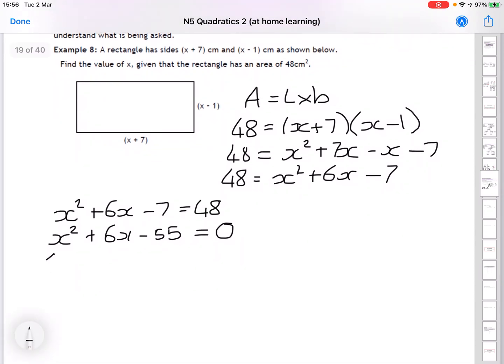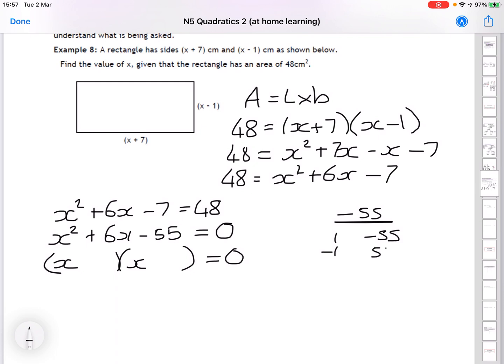So we're looking for our double brackets because it's a trinomial. We're looking for the numbers that multiply to minus 55 but add up to a positive 6. So for minus 55, we could have 1 and minus 55, minus 1 and 55, and we could also have 5 and minus 11, or minus 5 and positive 11.